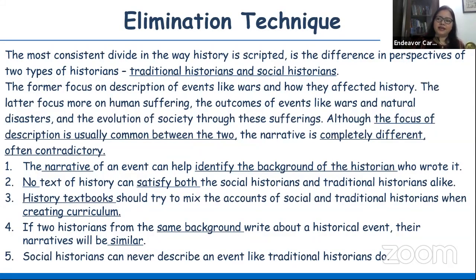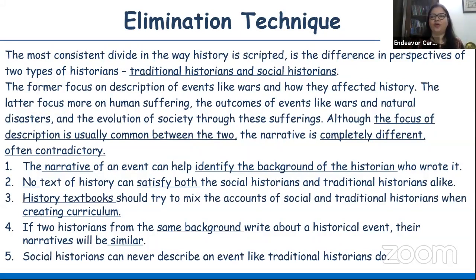Correct? If X, then Y. What is X here? If historians of two different types give you a narrative of a historical event, that narrative is completely different. What does option 4 say? If two historians from the same background write about a historical event, their narratives will be similar.